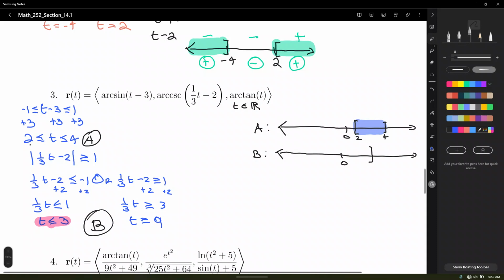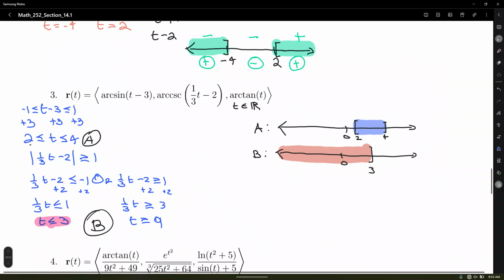Less than that, let me shade it with red. And okay, so that's 3. And greater than or equal to 9. So 9 will be roughly here, and on. All right. Oops, this looks weird.